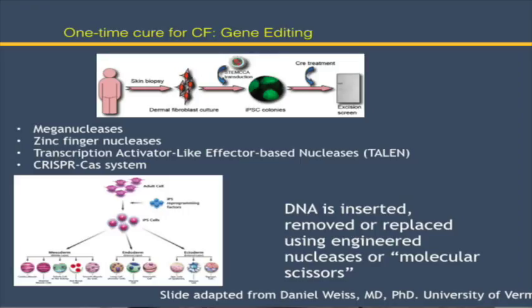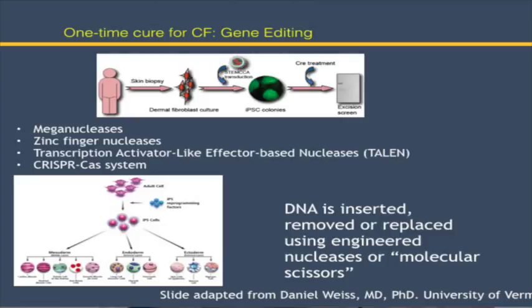There are some very exciting, and I hate to say that I get some of my information about CF by reading Popular Science, but there was actually an article in Popular Science looking at this CRISPR technique that is fascinating. It all started by studying bacteria and finding that these bacteria had incredible systems for using a scissor-like molecular system to just clip out pieces of DNA and insert them in other areas.